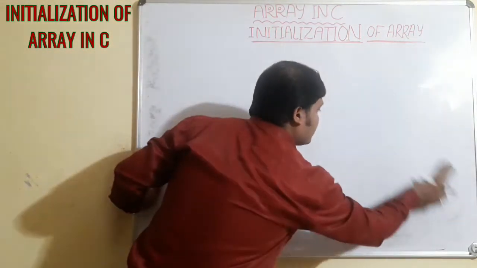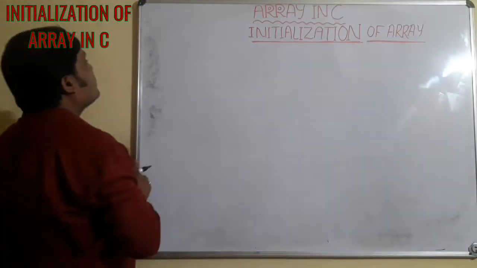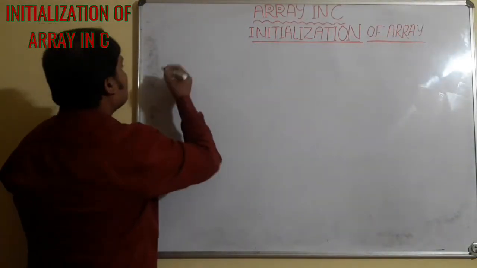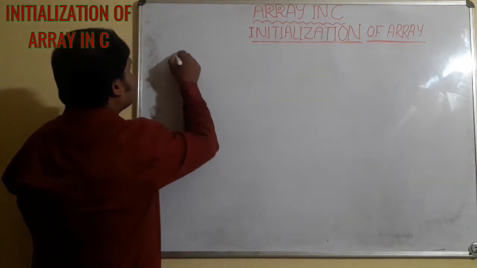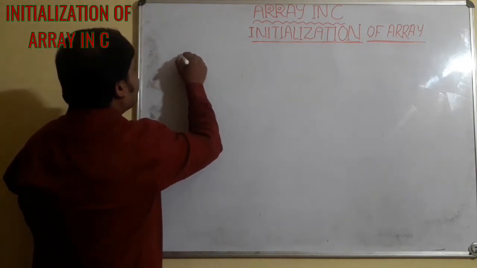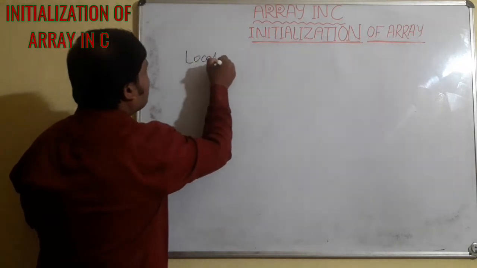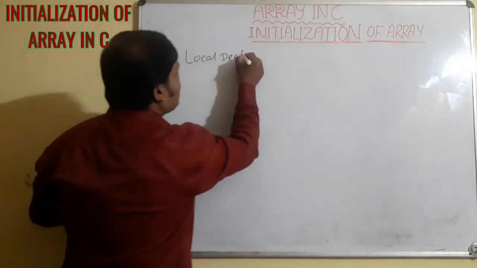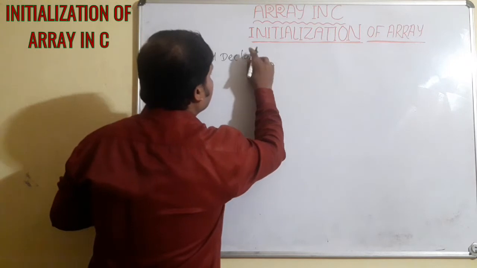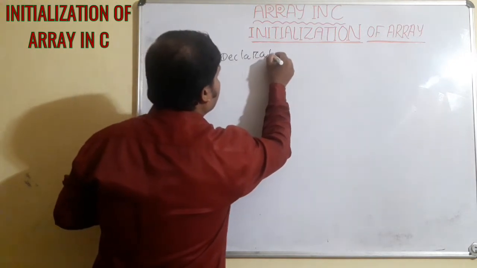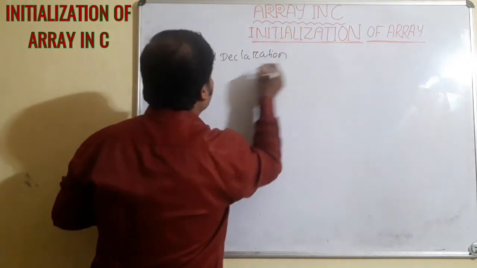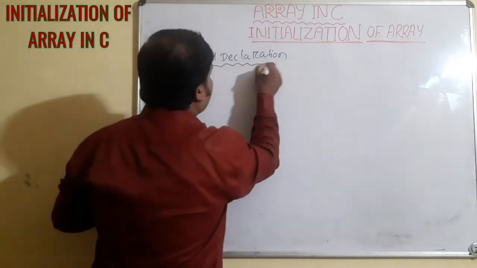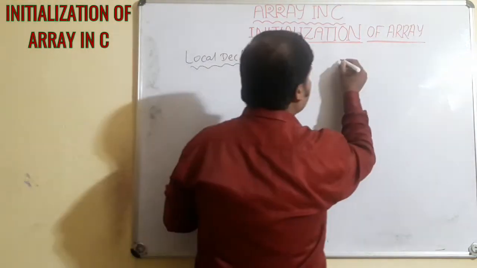We can declare an array in 2 types: local declaration and second one is global declaration.